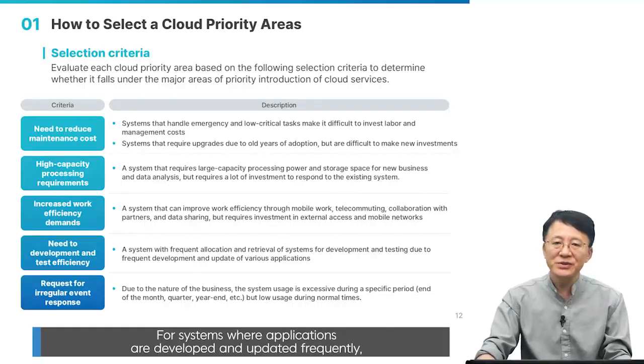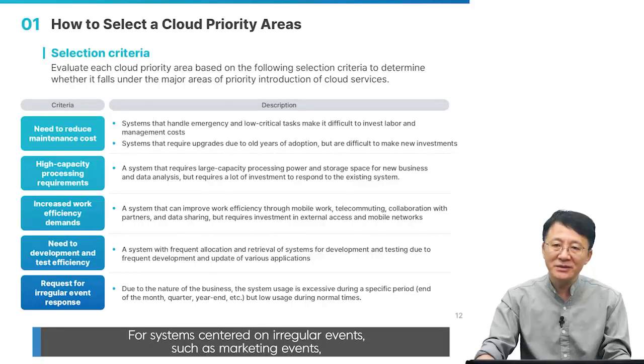For systems where applications are developed and updated frequently, cloud adoption can wield greater effects. For systems centered on irregular events, such as marketing events, cloud conversion can be expected to wield greater effects.